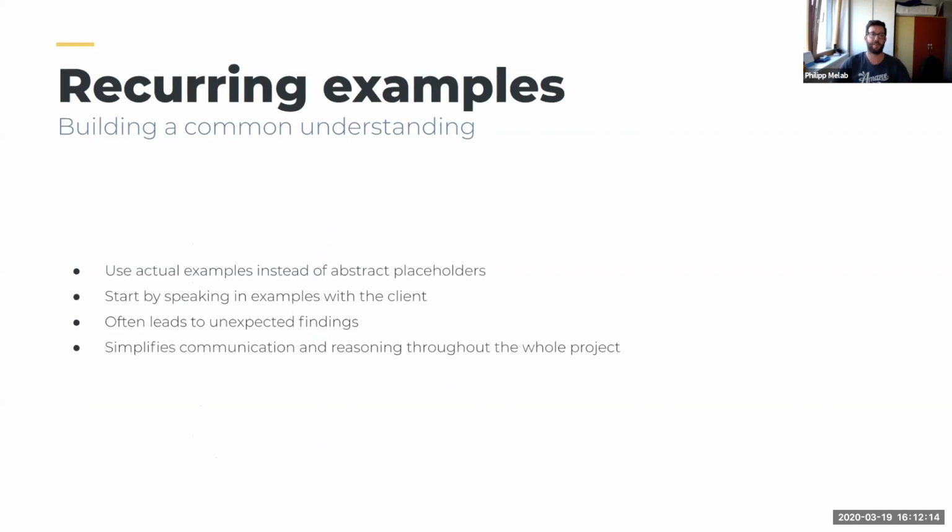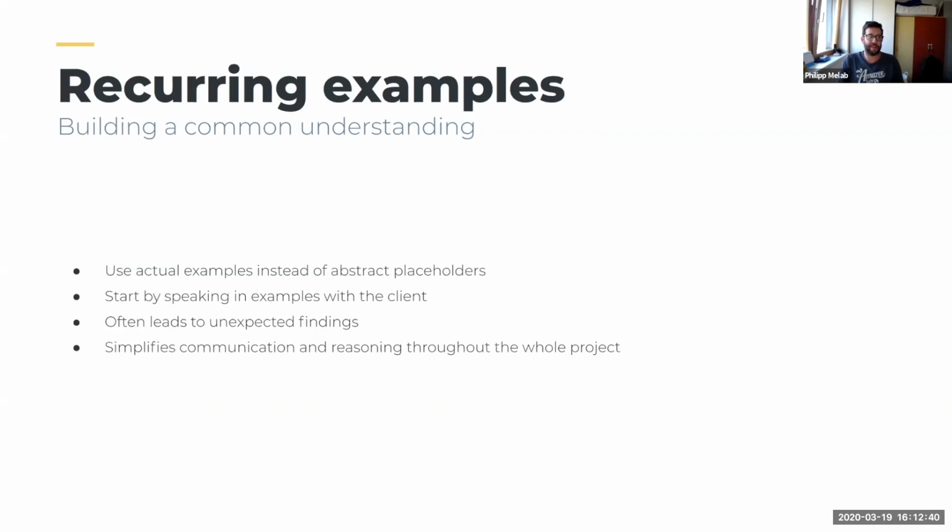The first tip is to use recurring examples. So instead of using project A, B, and C, really talk to the client and come up with real world names for these maybe users, projects, products that an e-shop is going to sell.